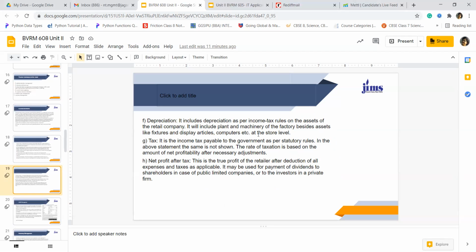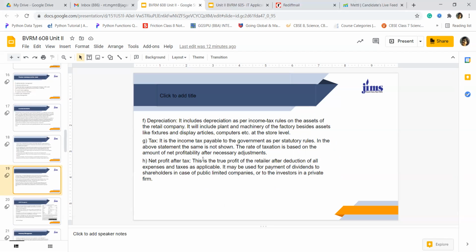It will include plant and machinery of the factory besides assets like fixtures and display articles, computers, etc. at the store level. Tax. It is the income tax payable to the government as per statutory rules. In the above statement, the same is not shown.